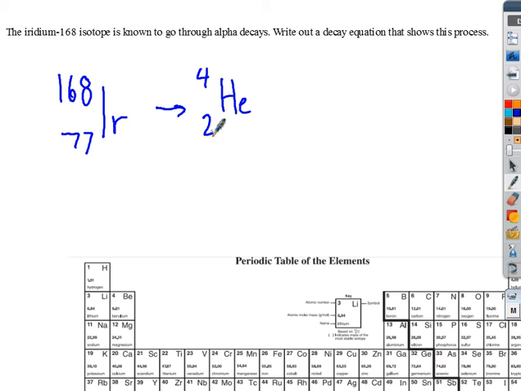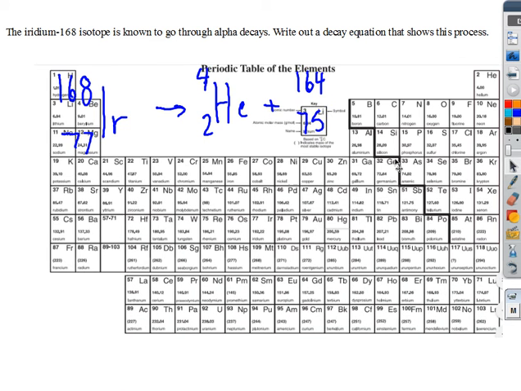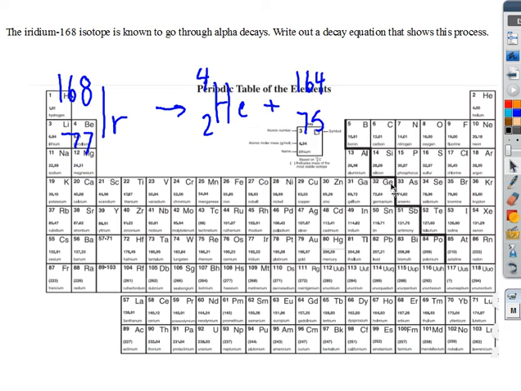There's my alpha particle. Now another way you might see this written is like that. So that's another way to communicate that same information. You can see it as that, or you may see it as helium. They're both different ways of communicating an alpha particle. Now, again, using conservation of nucleons, I'm going to have 164 nucleons and 75 protons. 75 protons is rhenium.